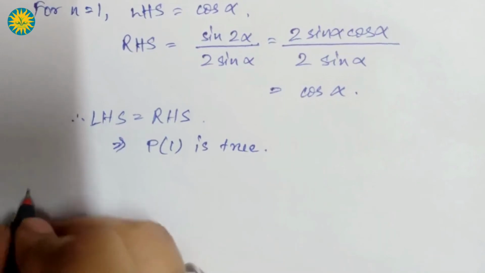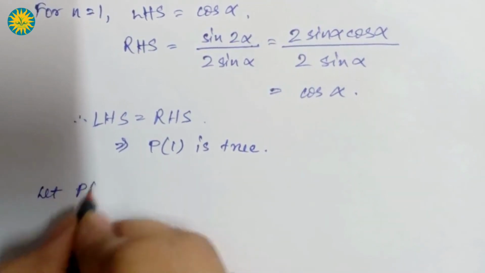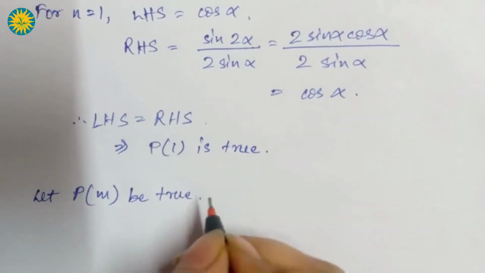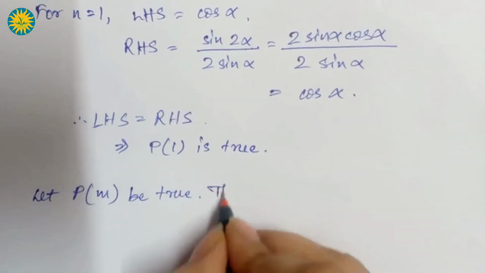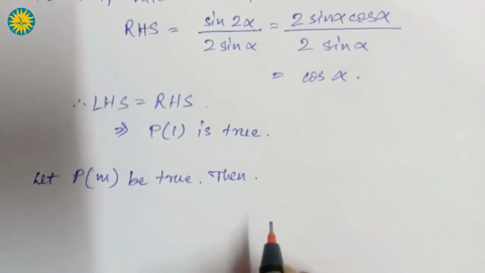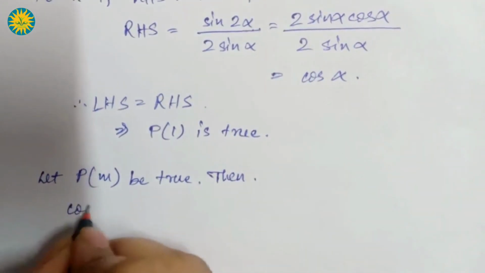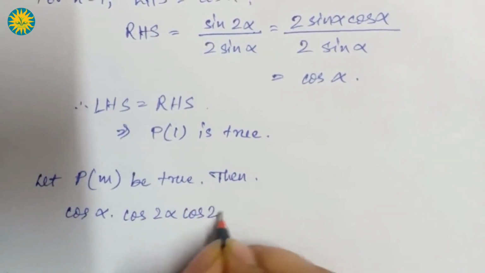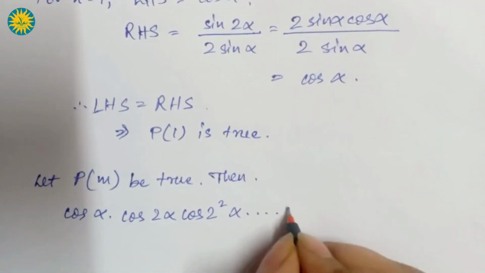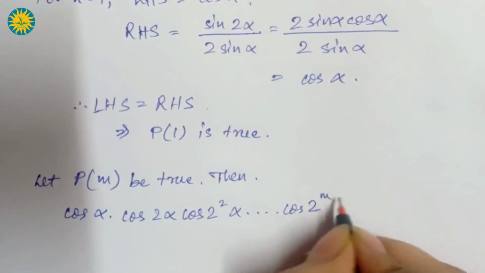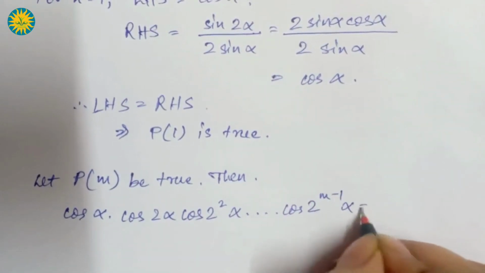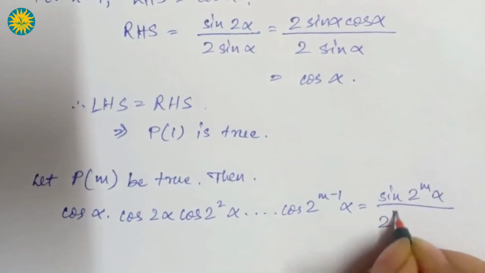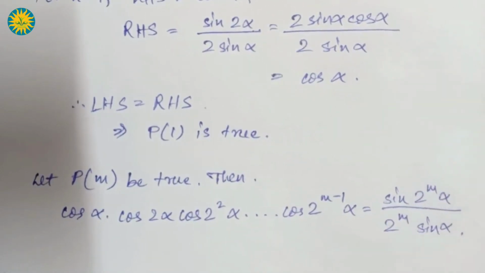Now the second step is assuming P of m is true. Then the statement becomes cos alpha into cos 2 alpha into cos 2 square alpha till cos 2 to the power m minus 1 alpha equals sin 2 to the power m alpha by 2 to the power m sin alpha.